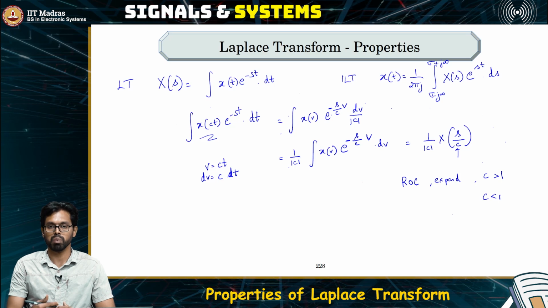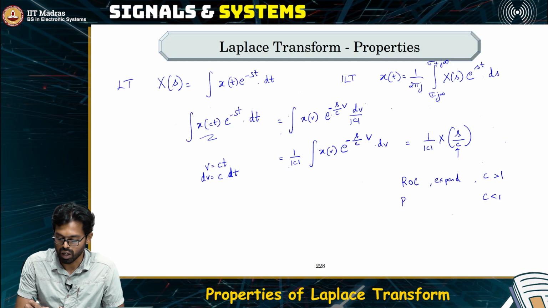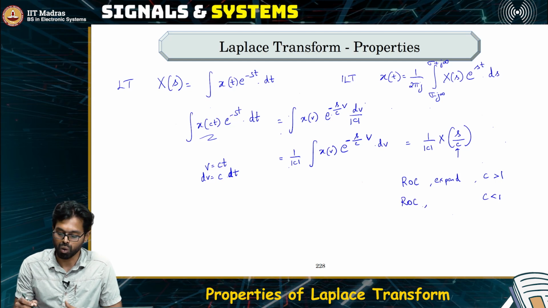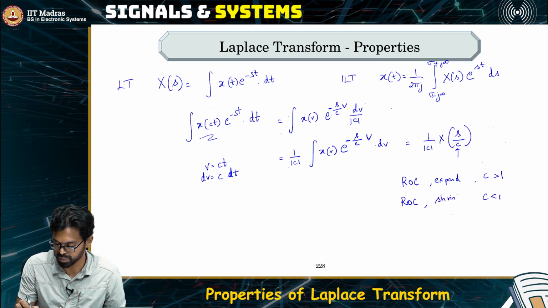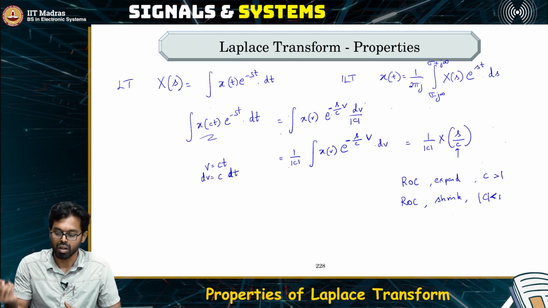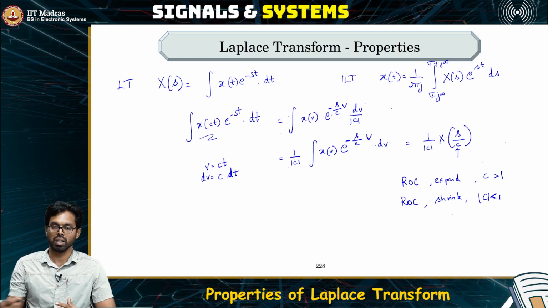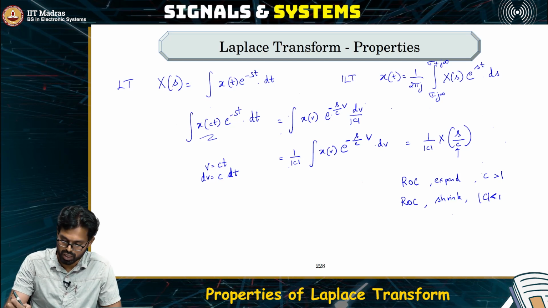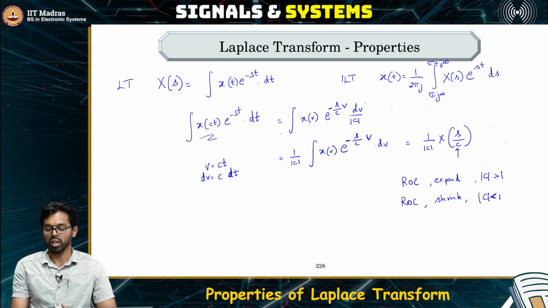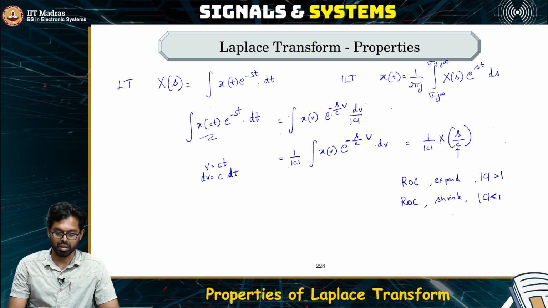So you will require higher values of sigma now, which means the ROC has to become smaller, it has to shrink. So when c is less than 1, the ROC would shrink, because in the time domain the signal contains more energy, whereas when c is greater than 1, in the time domain the signal has lesser energy, so the ROC will also expand.